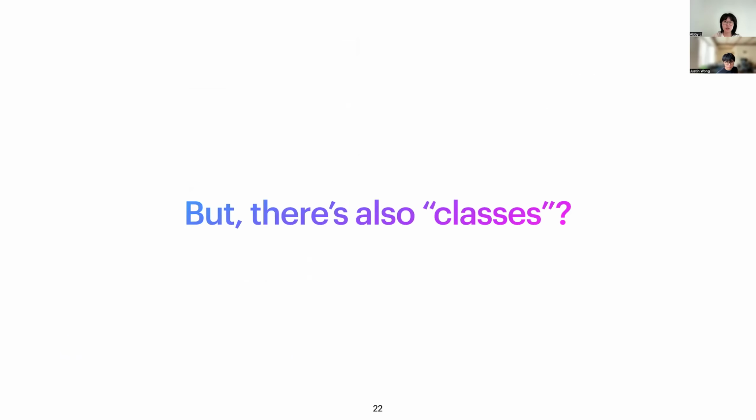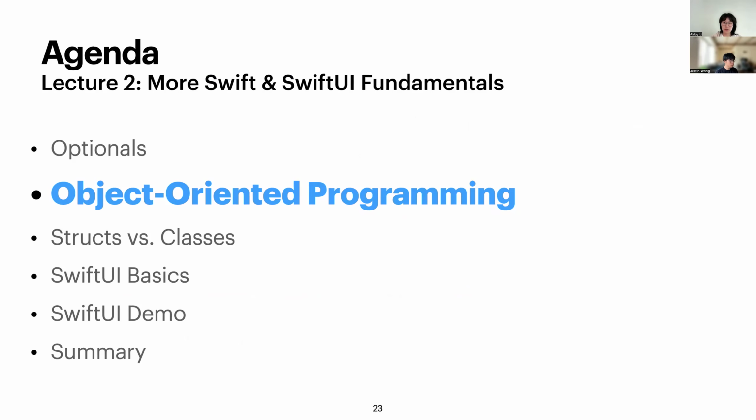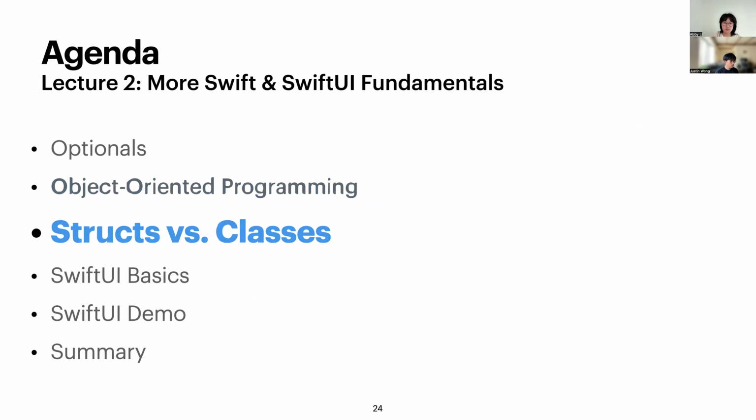But there are also classes. At this point, you might think, okay, I've heard about classes too. That's exactly the next question, because in Swift, both structs and classes can model objects, but they behave differently in an important way.